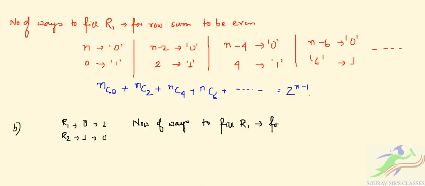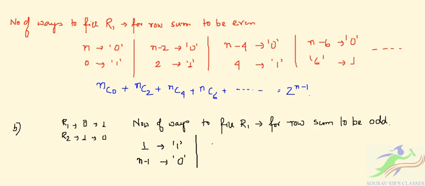Here the row sum also has to be odd. So in our case, as we put n zeros and no 1s for the even case, here since it is odd, for one 1 we have n minus 1 zeros.